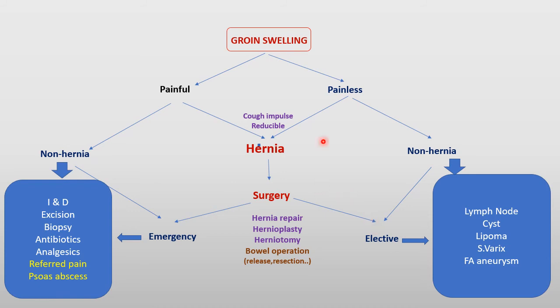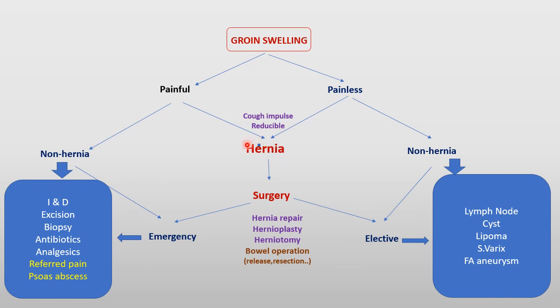How do you diagnose this hernia? Basically, clinically, cough impulse and reducibility. These are very reliable findings, but in patients with complications like strangulation, cough impulse may be negative and the lump may not be reducible. Yes, in this patient, it is not reducible.